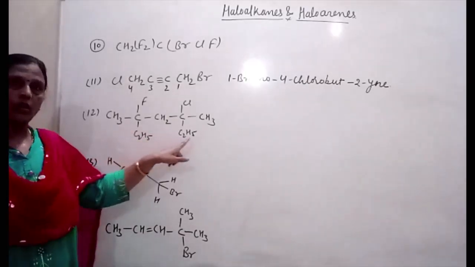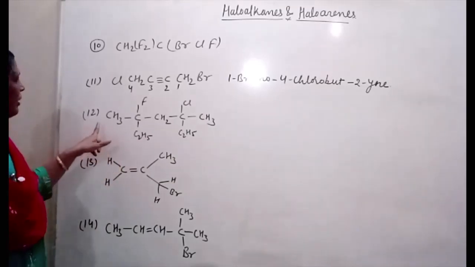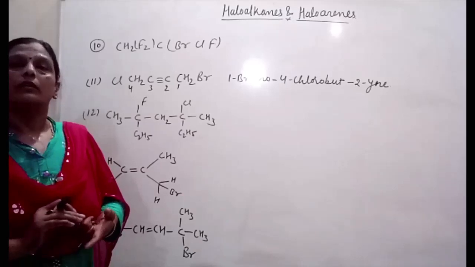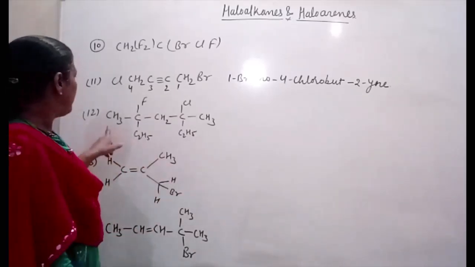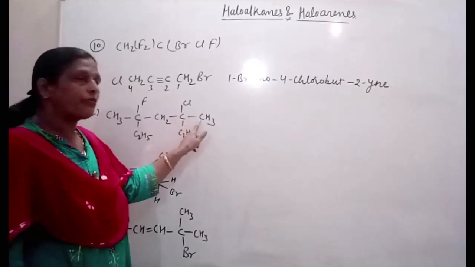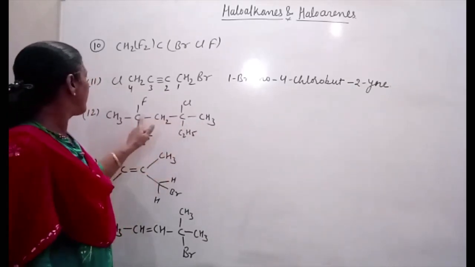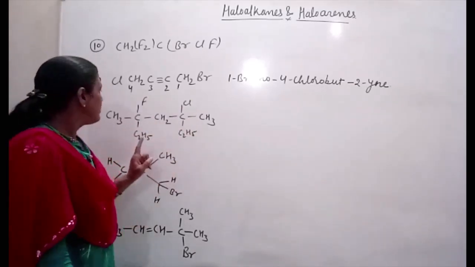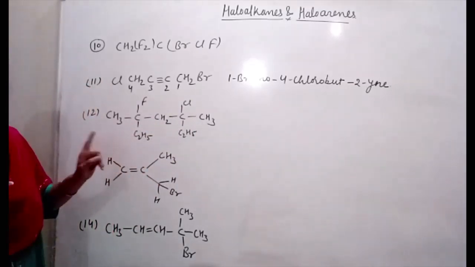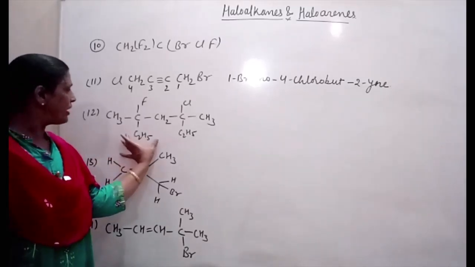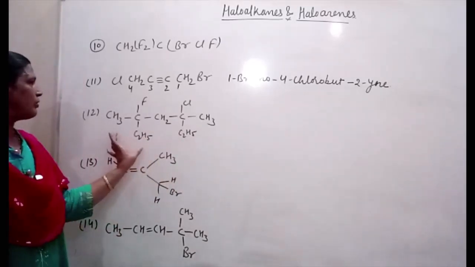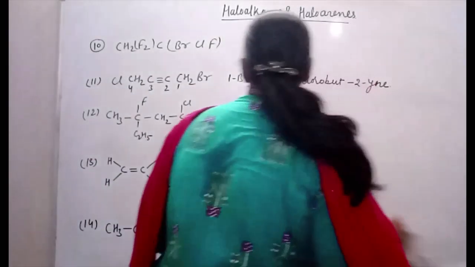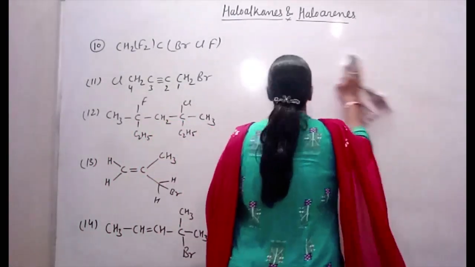This type of question you should always do carefully. First, identify the parent chain. Counting here, you will definitely give the wrong number because you think it is a substituent group. So you write the compound in simpler form.